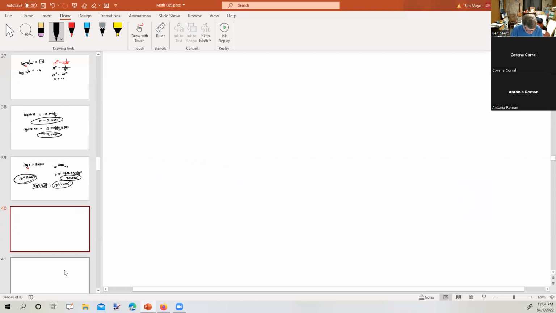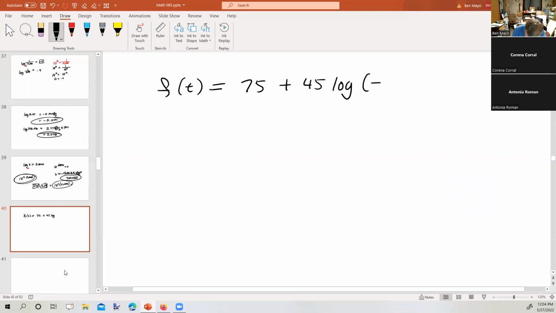She was told that with the proper oversight, the sunfish population could be approximated by the logarithmic function f of t equals 75 plus 45 times the log of the quantity t plus 1, where t is the number of years since the lake was stocked. Find the number of sunfish she can expect in the lake in 2.5 years.